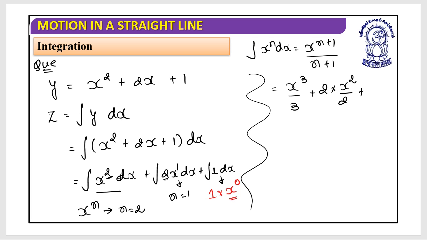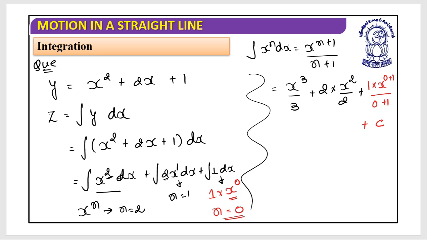Shall I write it as 1 into x to the power 0? If yes, then my n is 0 in this case. And if n equals 0, what should I write? It's 1 multiplied by x to the power 0 plus 1 divided by 0 plus 1, plus c.